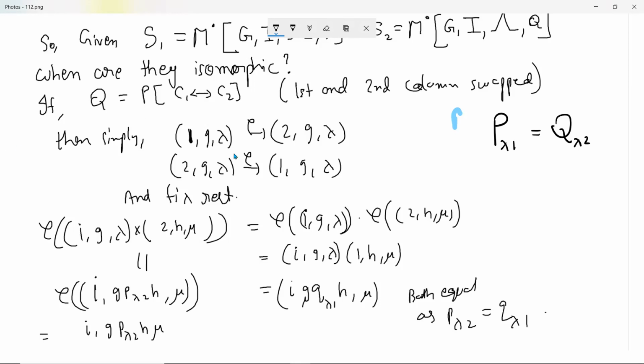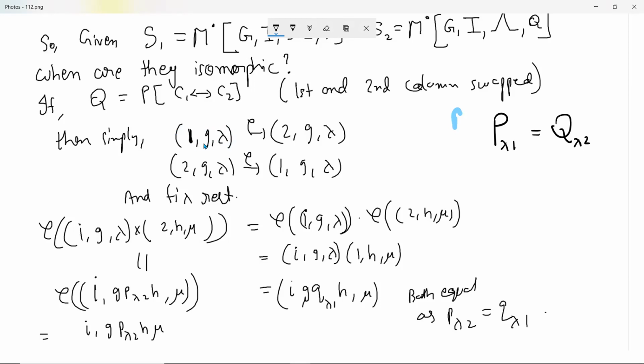Okay. And how do you show that? Well, if you have this (1, g, lambda), which is the first row and the lambda-th column, and there's a corresponding group element.